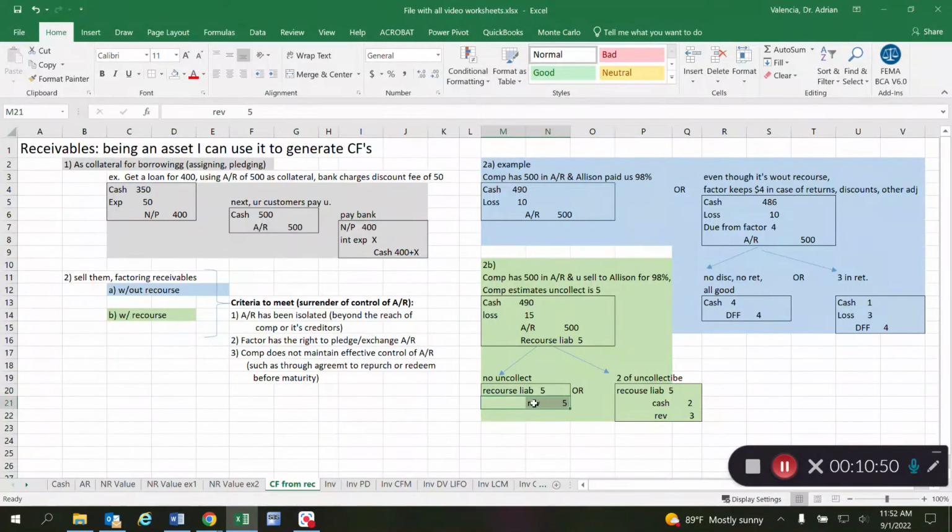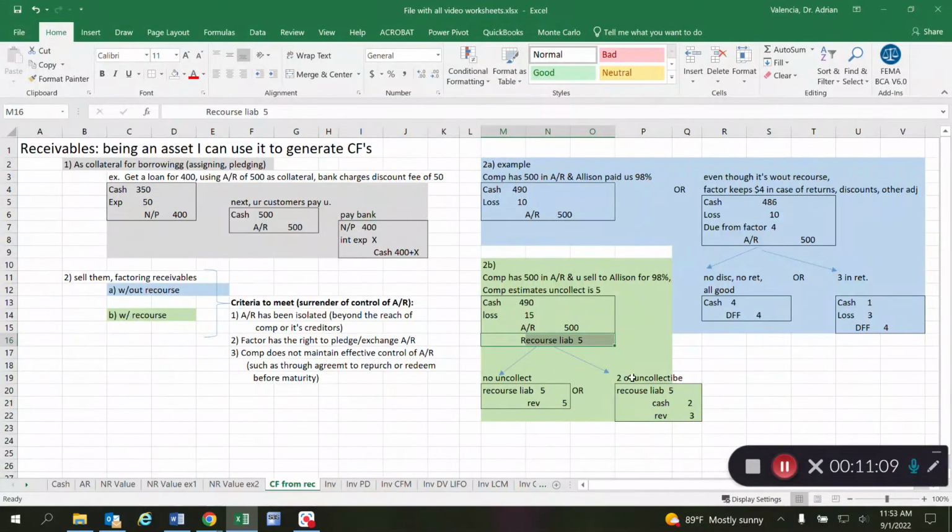Okay? And then another possibility is that Allison, the factor, does not receive the full amount. And if that's the case, we have reserved a liability for that contingency. So notice this example here, and it could be any amount.